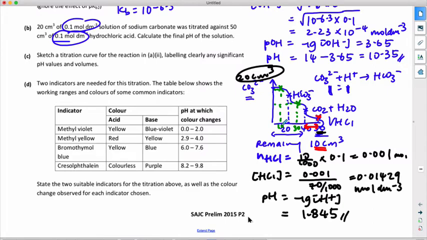If you remember, for max buffer, the formula is pOH equals pKb.